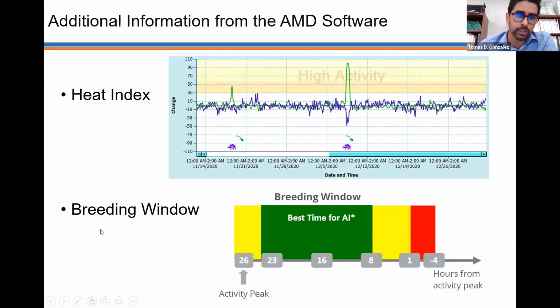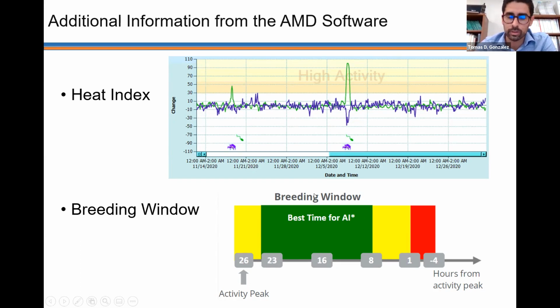Something else really important the system gives you is these alerts. When the cow is detecting heat, the system is going to give you this alert, and you're going to see when is the breeding window, when is the best moment you can breed your cows. How this works is, when you have the cow in heat, it's going to give you the alert, and then it goes up, reaches the peak, stays in the peak, and then these hours start to decrease.